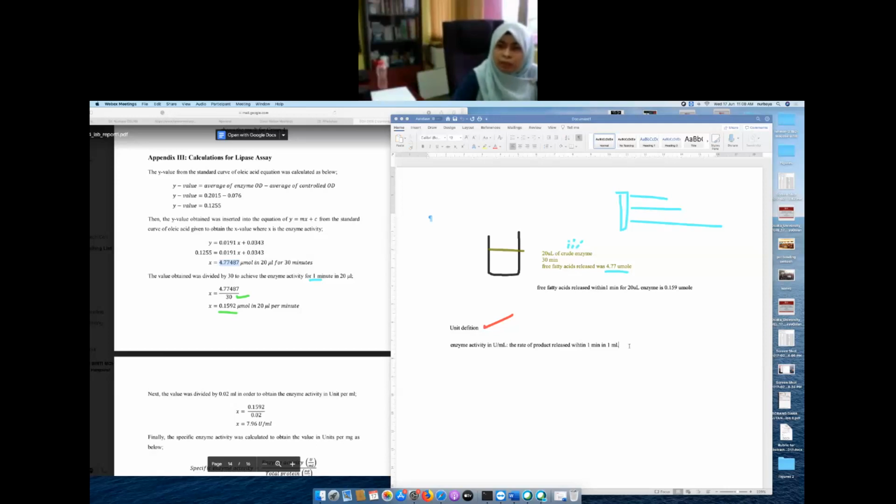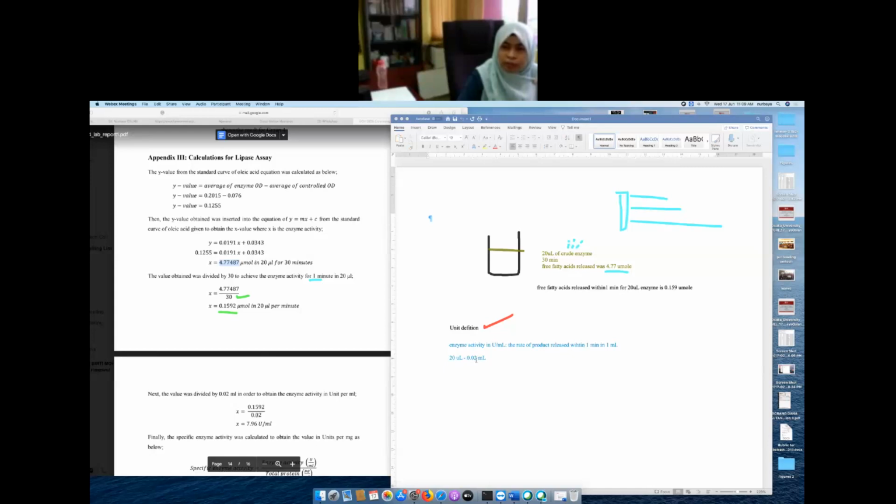So we have done this for 20 microliter. Now we know that 20 microliter is equivalent to 0.02 mL. The 0.159 is for 20 microliter.